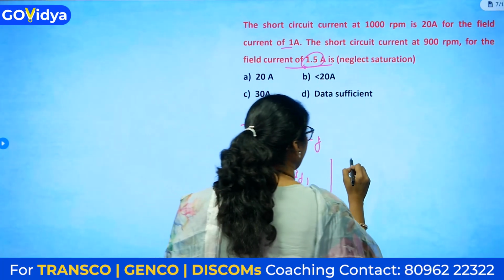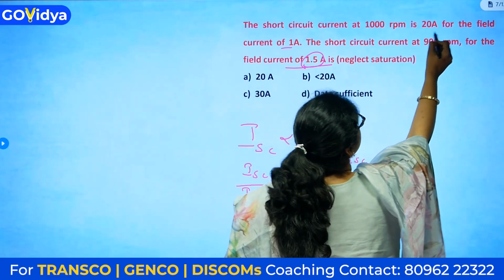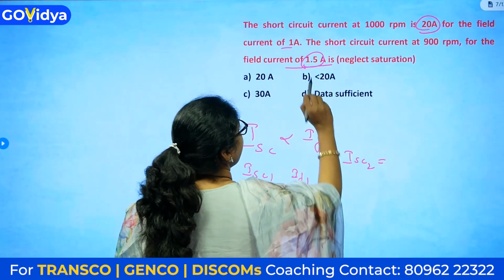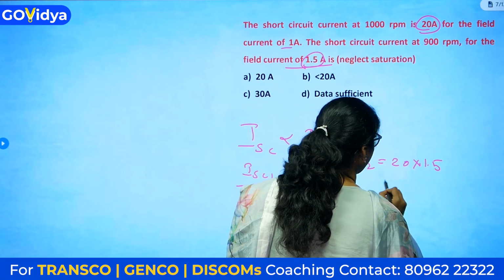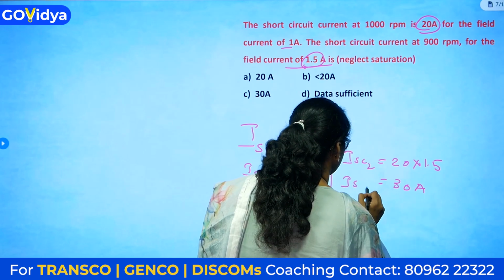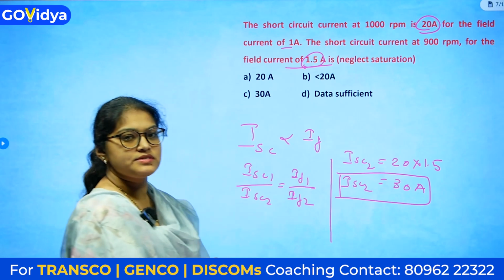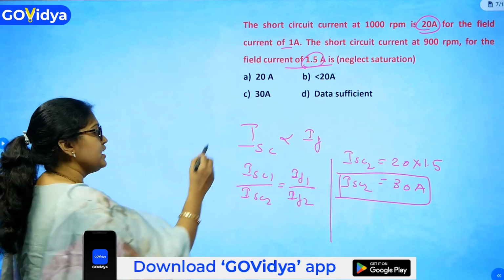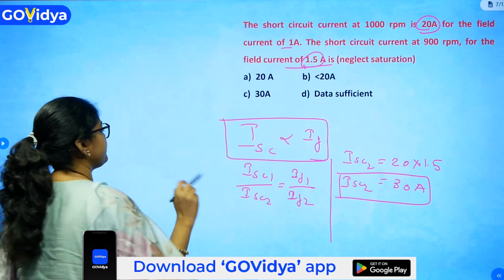ISC2 is equal to, and the first short circuit current is 20 amperes, so 20 into 1.5, I will get 30 amperes. Clear? Short circuit current is directly proportional to the field current and it is independent of the speed.